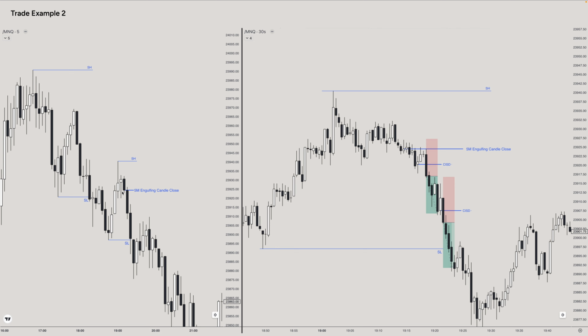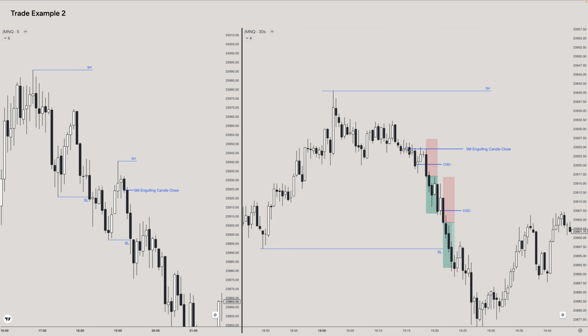So this 5-minute engulfing candle body close line is this line right here at the top. As soon as this bearish engulfing candle closes, you mark it out. And because we are in an area where we expect the price to reverse and we have now got a confirmation, we can now move to the lower time frame and you wait until you have a 30-second candle closure below our 5-minute engulfing candle close.